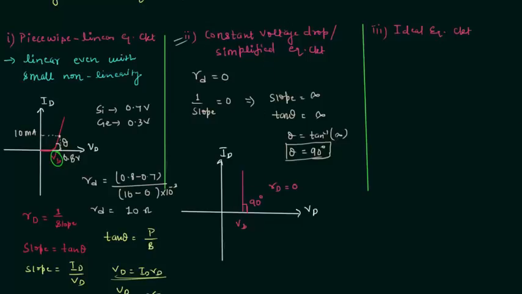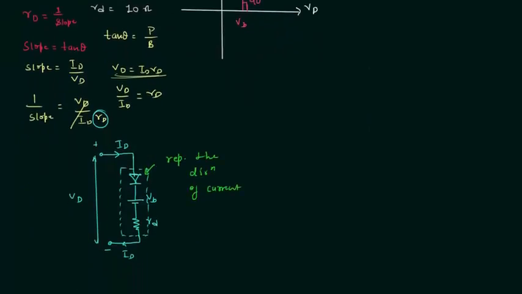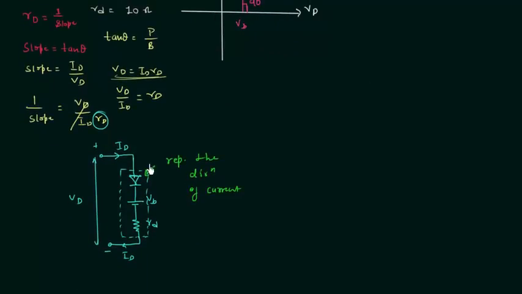Now we will make the equivalent circuit, and it is very simple. If we compare the equivalent circuit with the first model, we will find there is no diode resistance. So everything will remain same, and we only have to remove the diode resistance. So I will draw it quickly. First we will make ideal diode to represent the direction of current. This is the ideal diode. Then we have the barrier potential VB, and diode resistance is equal to 0. So there are only two things.